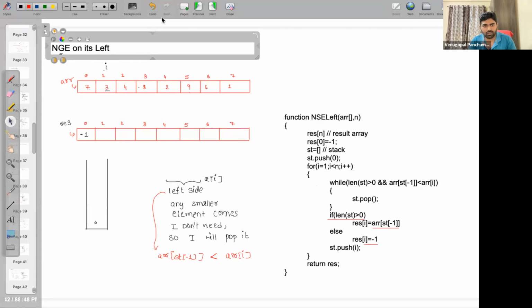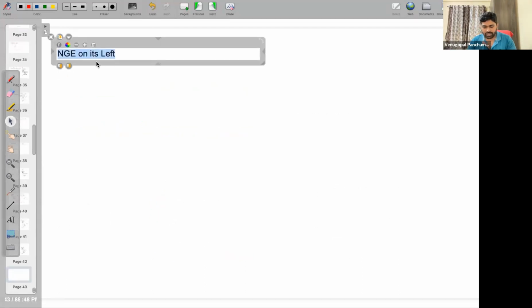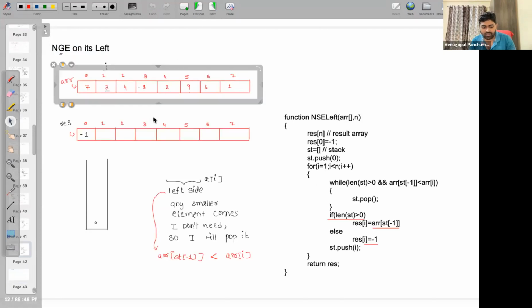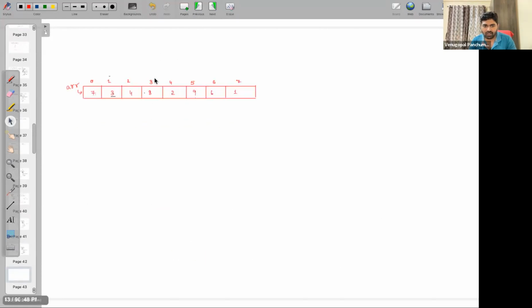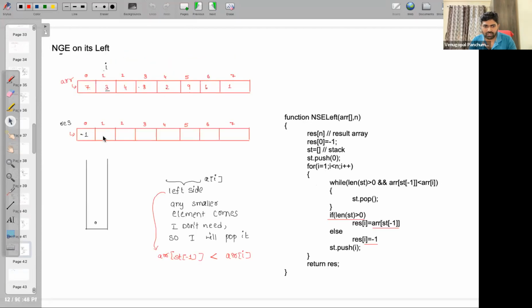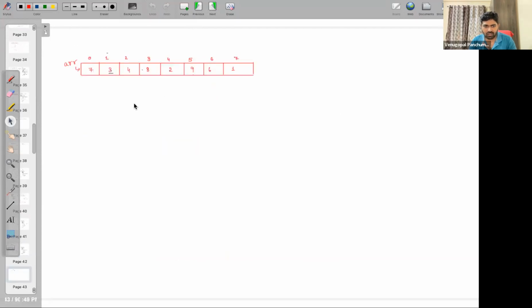Okay. Now, I think next question. Fourth question is what? Nearest greater element on its right. This will be now cakewalk, I think. Will you try, friends? So result array.